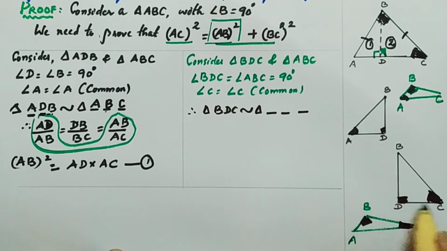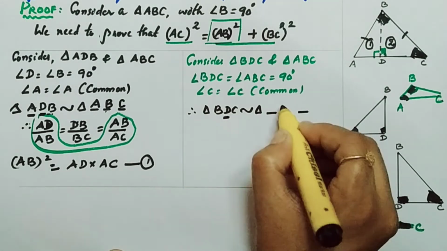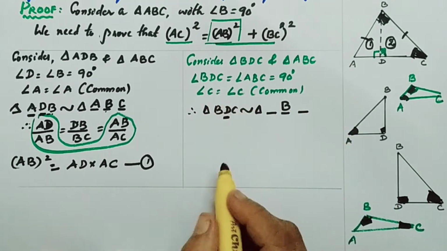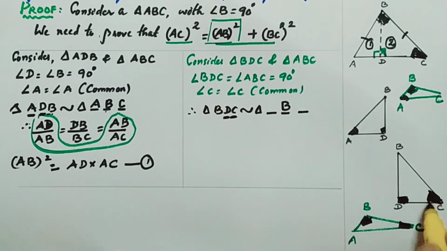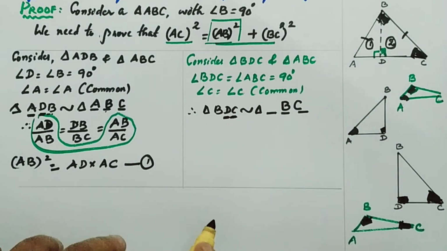Here in triangle BDC, angle D is equivalent to angle B of the larger triangle. So corresponding to the second letter D, you need to write the letter B because both are 90 degrees. Now, corresponding to the last letter C, the letter will be C, because they are the common angle.